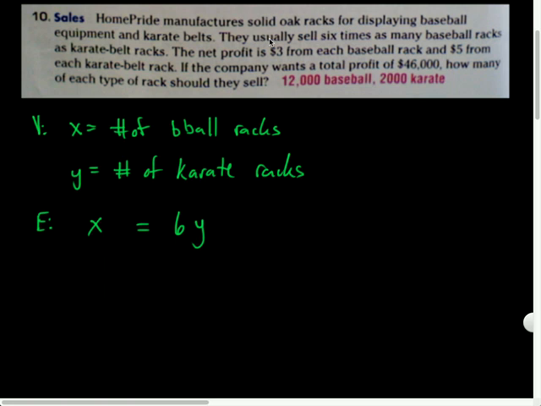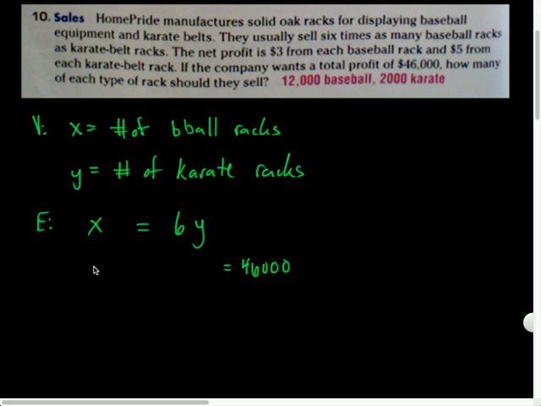Let's see, the next fact I know is the net profit, and I know my total profit desired, right? So if the total profit is 46,000, what terms would make up that 46,000? What's that $3 do for me?